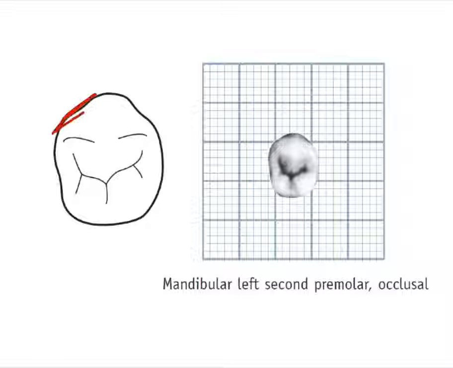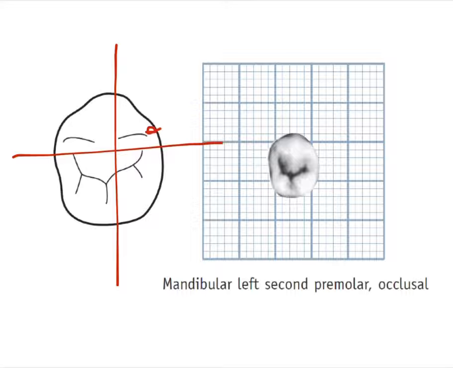You will draw both of these mesially. You will put the point at almost third the buccolingual width, while distally you'll end the distal slope at fourth the length of the crown.